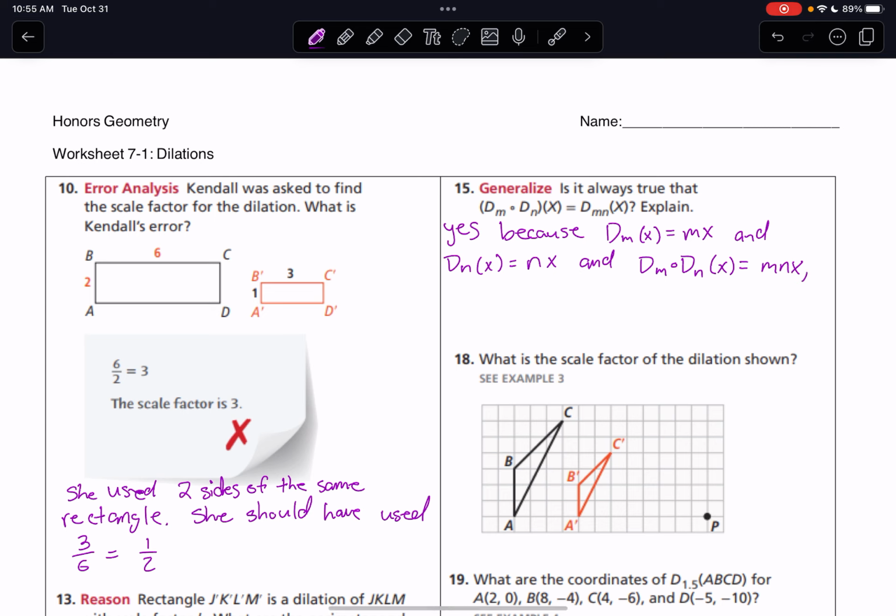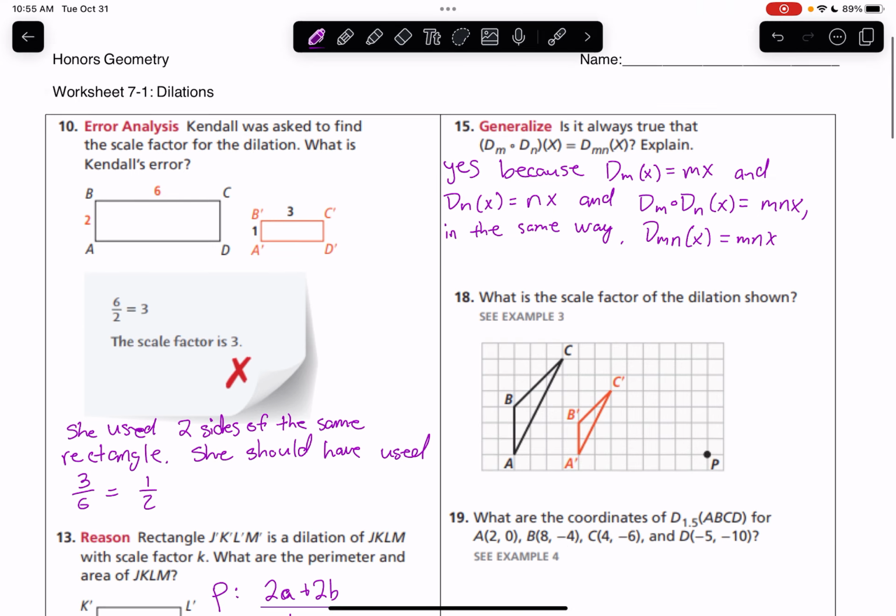So in the same way, if I do a dilation of scale factor mn, again, I'm multiplying both those things by object x, and I get mn x. So showing that that scale factor is really just going to multiply the side lengths. So if I do two of the scale factors at the same time, I'm just multiplying the side lengths by both of those numbers.